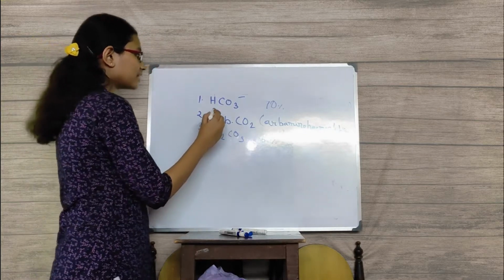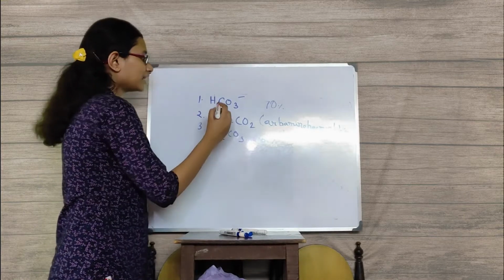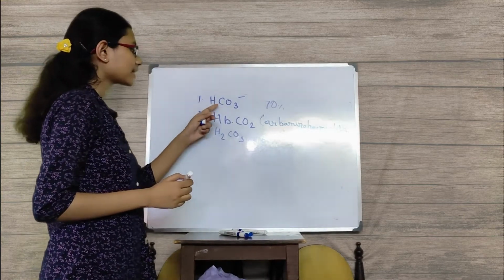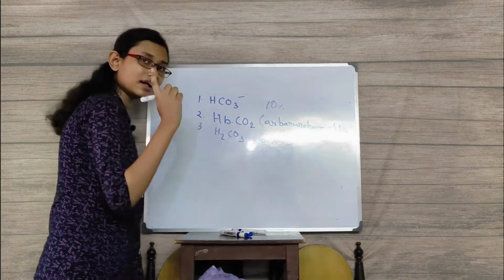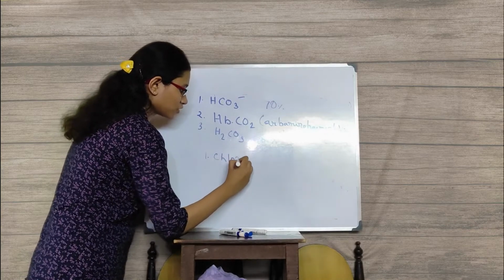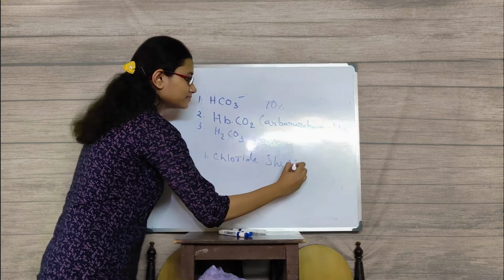Now, there are two major processes, the chloride shift and the reverse chloride shift, involved in the transport of all of these ions via carbon dioxide. Number one is the chloride shift, also known as the hamburger effect.